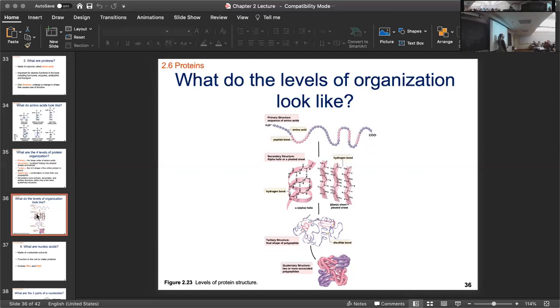So all those fibers together, whether they are in an alpha helix or a beta sheet, make up that piece of paper. The piece of paper is just an analogy. Then we have the tertiary structure. We have a whole bunch of these that make up this, and that's the tertiary structure. It's that 3D shape. And then we have a quaternary structure, which is just more than one of these. 1, 2, 3, 4. Primary, secondary, tertiary, quaternary.